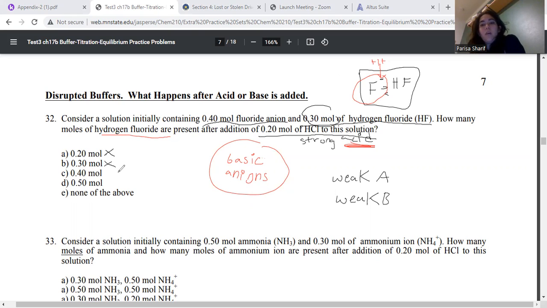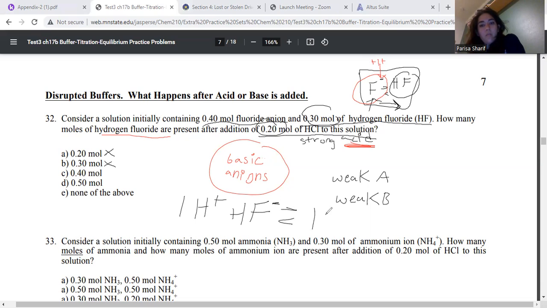We know it should be above that because this is our initial, and then more is going to be made when it reacts with the hydrogen, right? It's going to shift this way as it reacts with the hydrogen. So let's see how much HCl was added, 0.2. Since this is a 1-to-1 ratio, one H plus and one F minus is needed to make one HF.